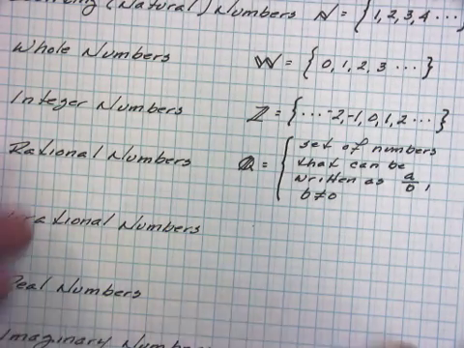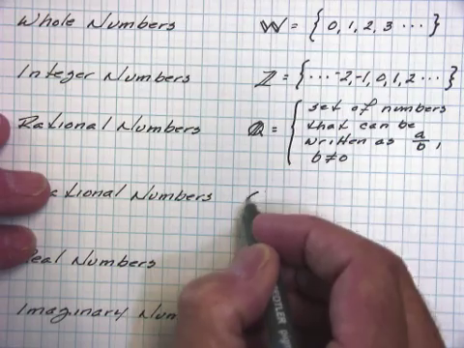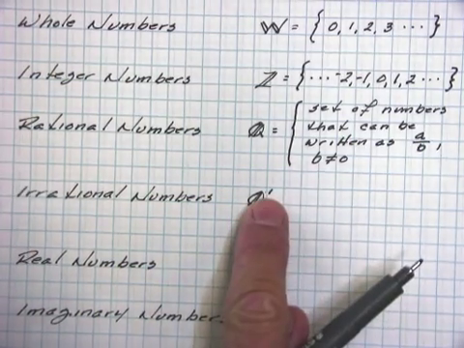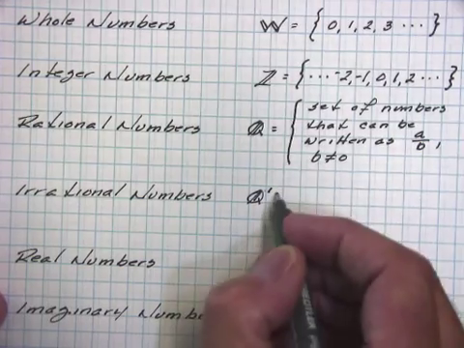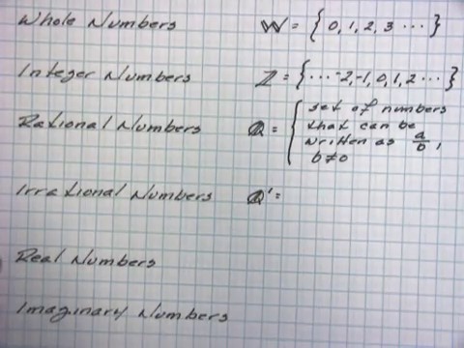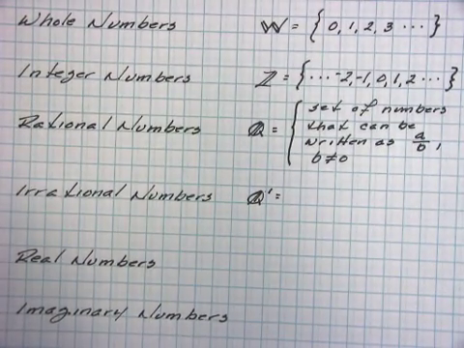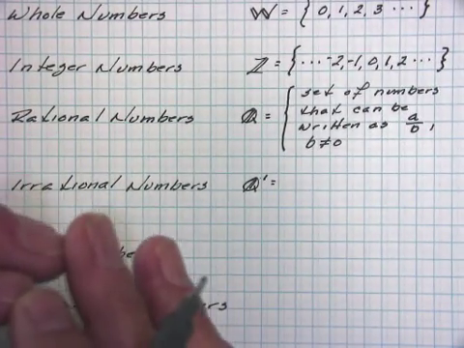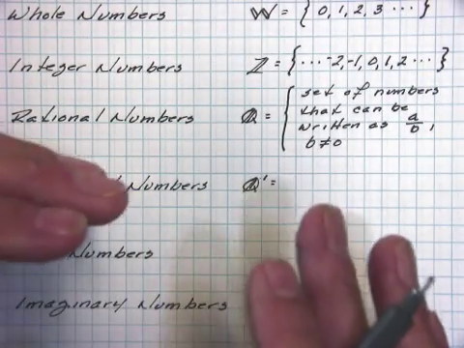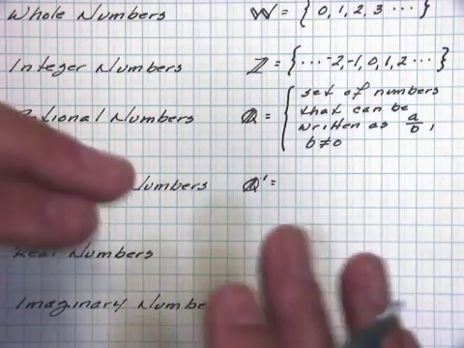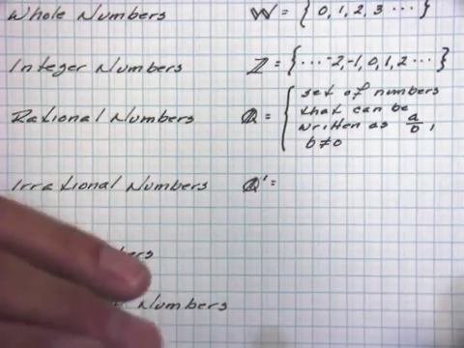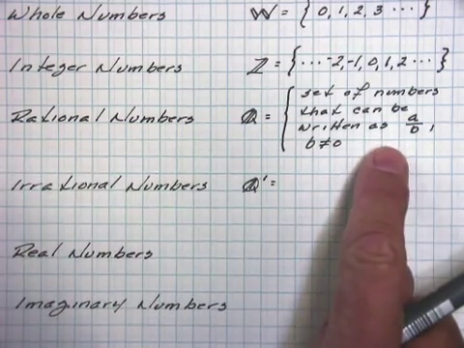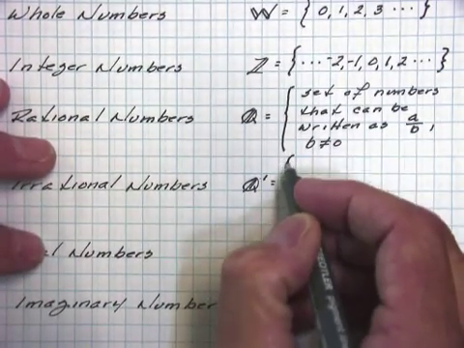Now, irrational numbers can't be written as a fraction. So that takes us to our second Q set. So Q prime. That's not a 1, that's a prime. And that's the set of non-repeating, non-terminating numbers. So the decimal would never repeat. It wouldn't be like 0.121212. It would be just a random bunch of numbers that would go on forever.